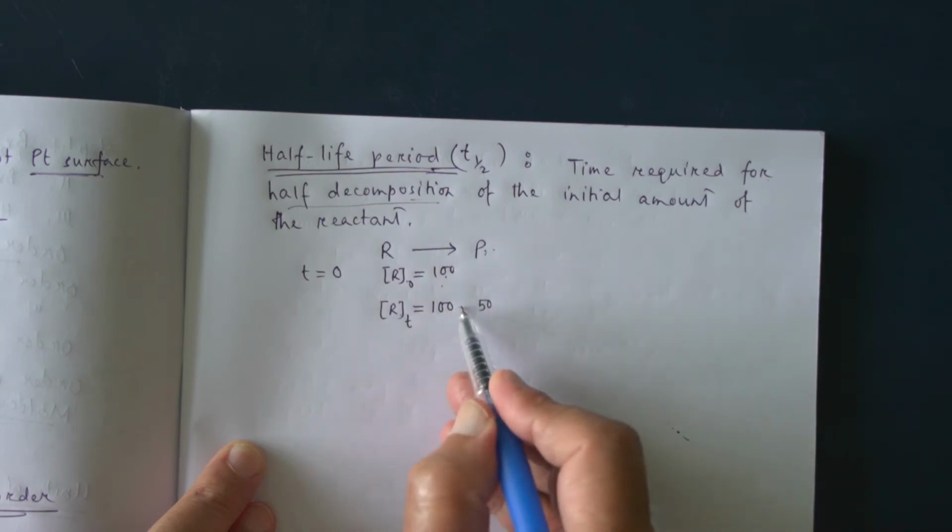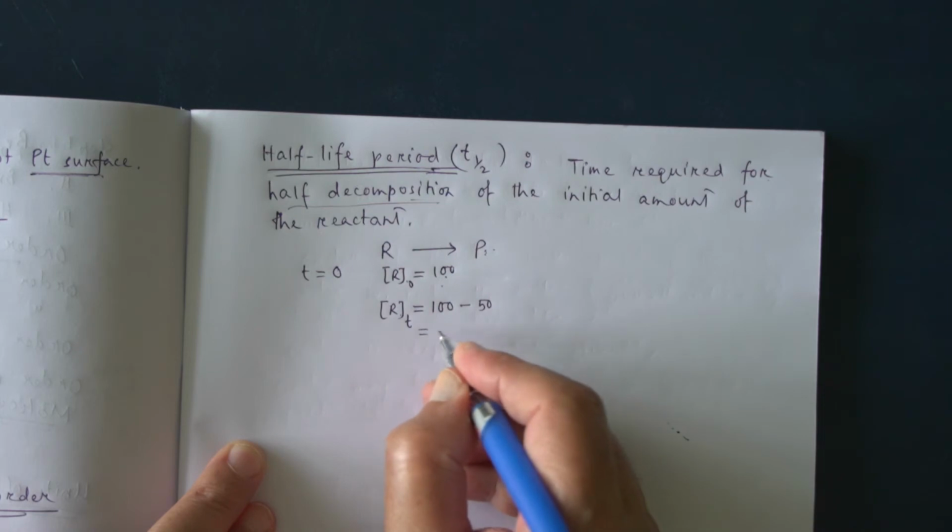So how much will remain? 100 minus 50. That means 50.